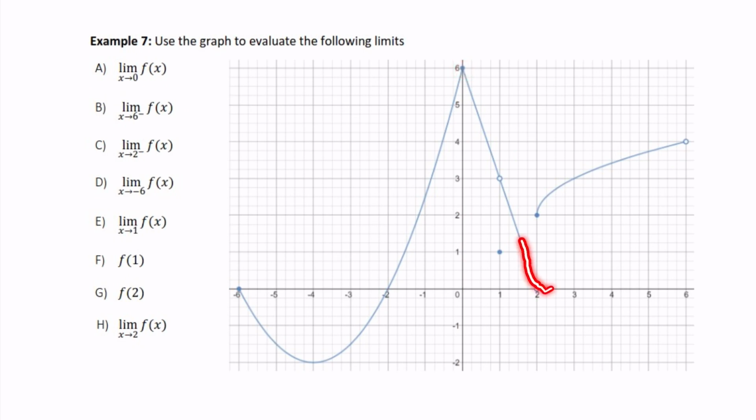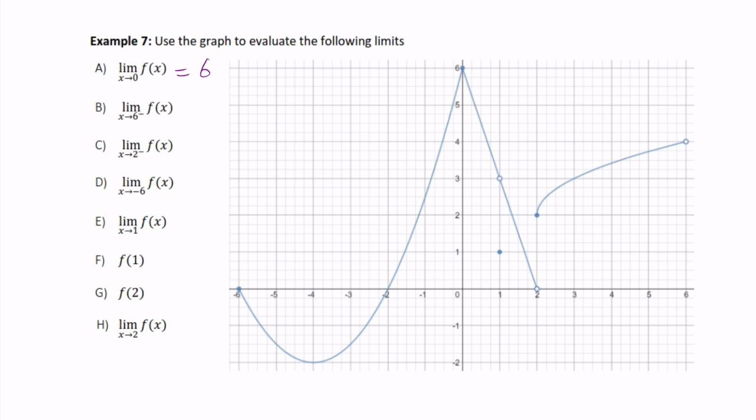Now from the right, as I approach 0, the value here again is 6. So this tells me that the limit of f of x as x approaches 0 is definitely 6. Why? Because the left-sided limit and the right-sided limit are the same.